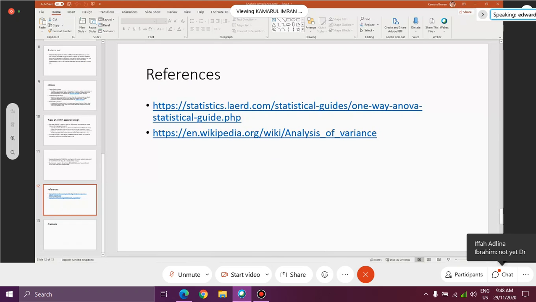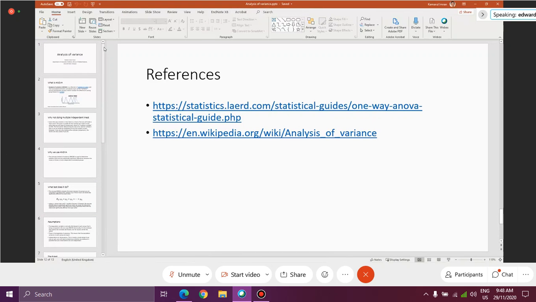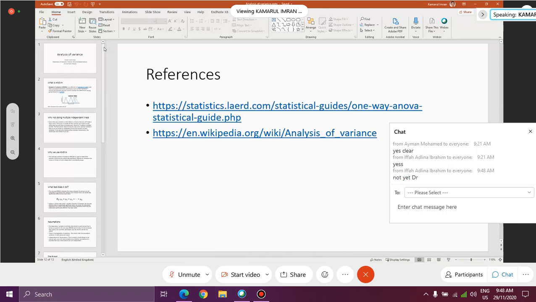Doctor, for ANOVA, is the test for equal variances the same as for the t-test? Independent t-test uses t statistics, whereas ANOVA uses F statistics.